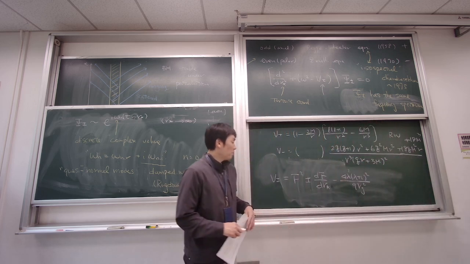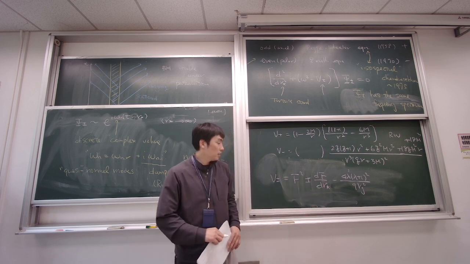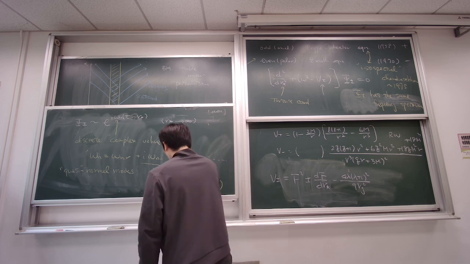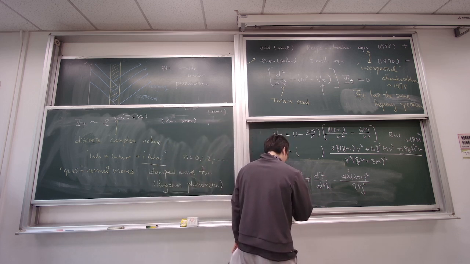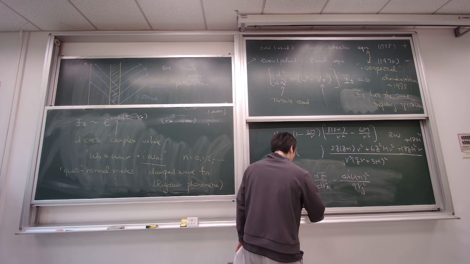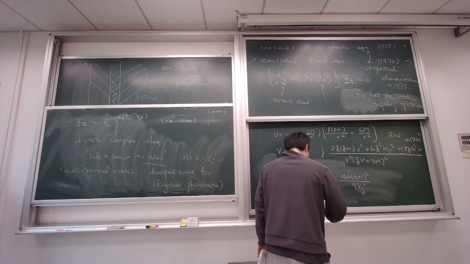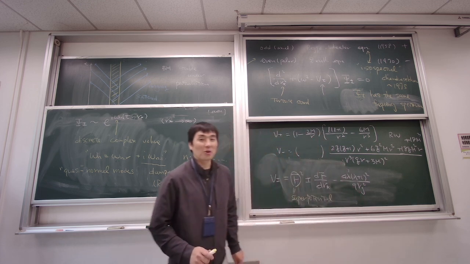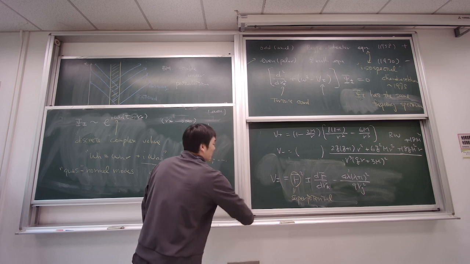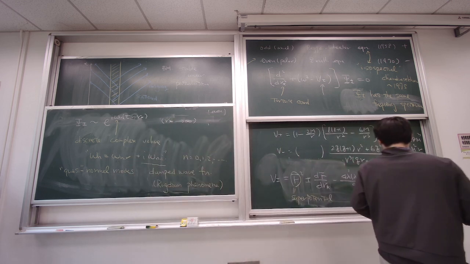So B plus minus can be written by a single function, capital F, and this capital F is called the superpotential. I realize it is called superpotential in this community, but it has nothing to do with supersymmetry. There is a terminology superpotential in the supersymmetric community, but it's different. This F can be written as an explicit function.